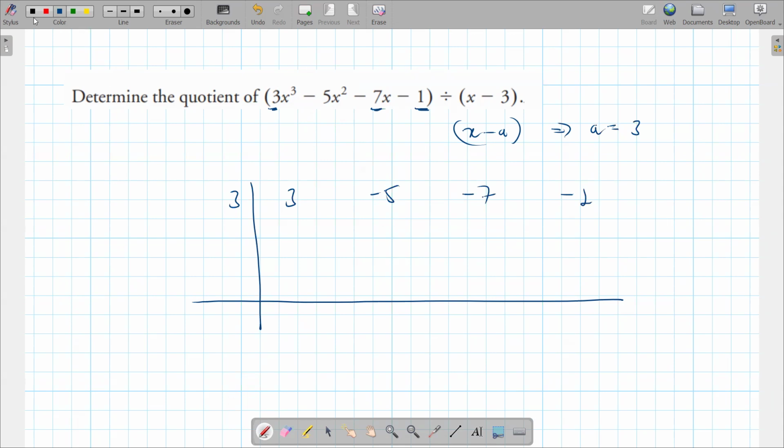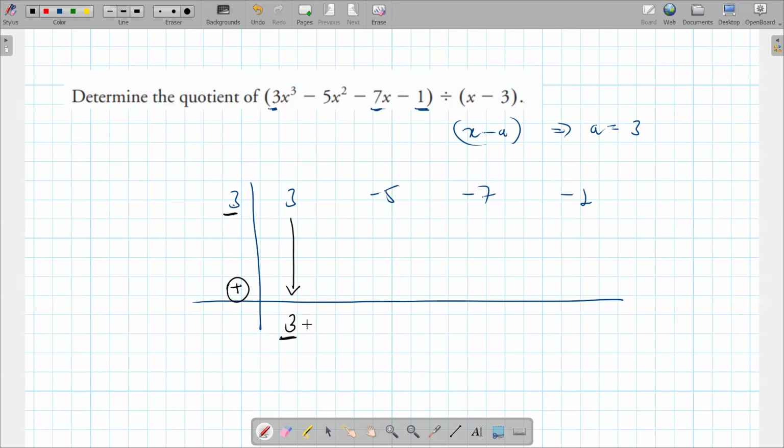In synthetic division, we always add. In long division, we subtract, but in synthetic division, we always add. So the first step is this. The first number always comes down as is every single time. And then you multiply this number with this number.